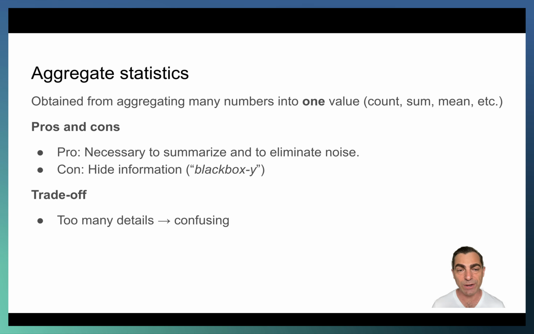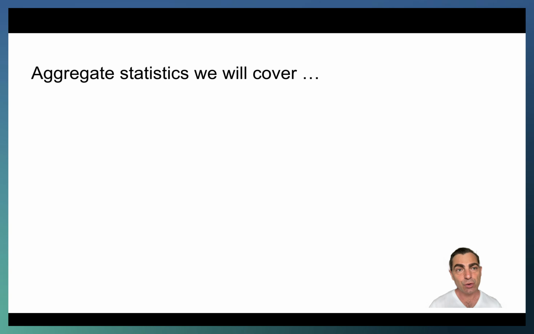When there are too many details, a visualization can quickly become confusing because there are too many elements. But if we have too few details, it may very well become misleading, as I'm going to show in a moment.